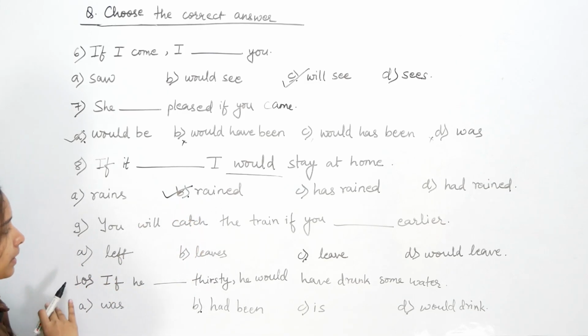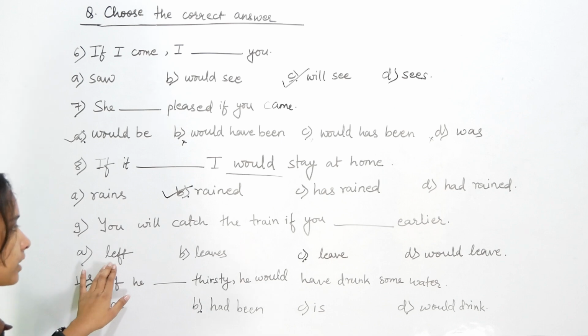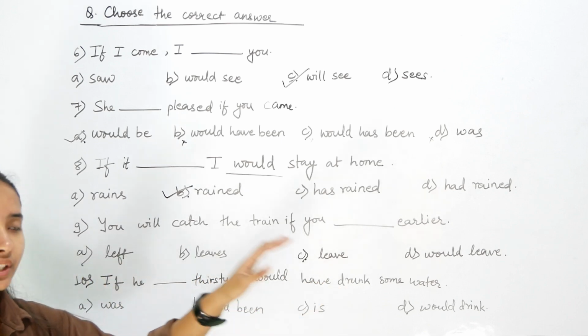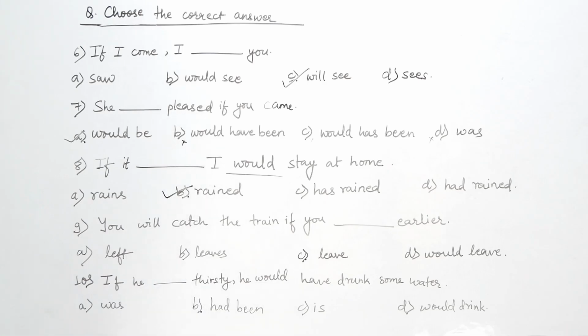Now the ninth question we have is, you will catch the train if you dash earlier. You will catch the train if you left earlier, leaves earlier, leave earlier, would leave earlier. So what will be the correct answer here?